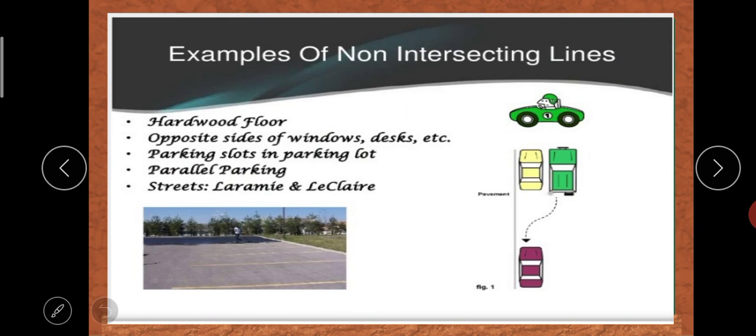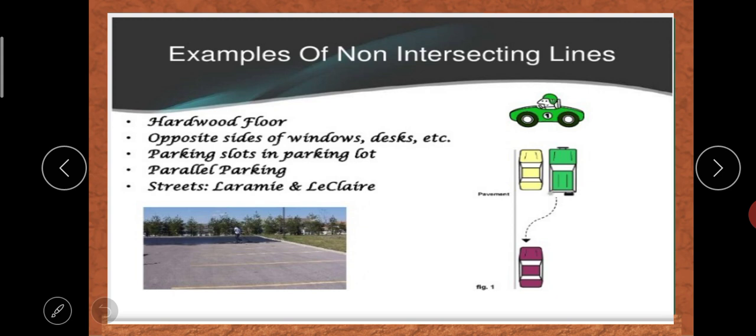So let's see examples of non-intersecting lines. Hardwood floors: the two edges never show a joining point. Opposite sides of a window, decks, even the door; the corners never meet.